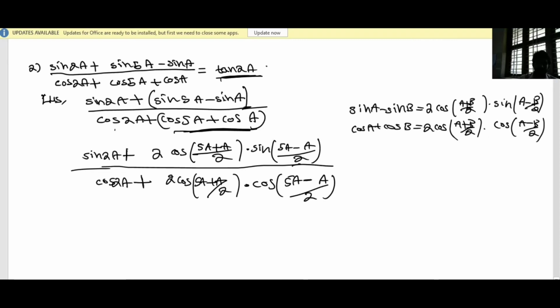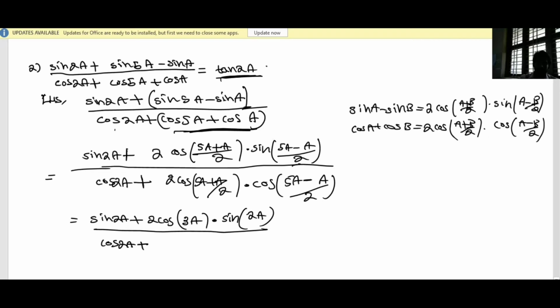Simplify this. It is equal to sin 2A plus 2 cos of 6A by 2, that is 3A, into sin of 4A by 2, that is 2A, divided by cos 2A plus 2 cos 3A into cos 2A.